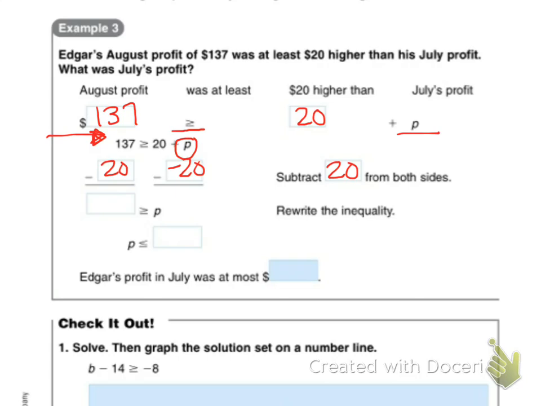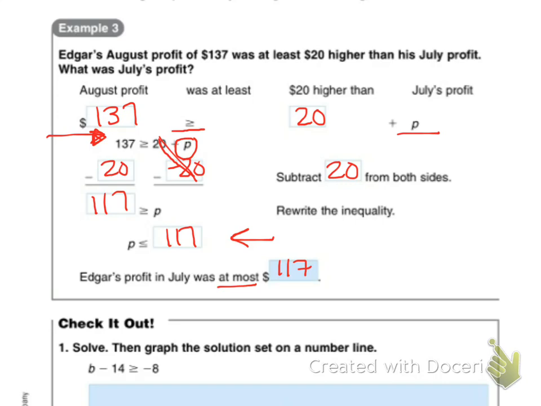And when I do that, I have $137 minus 20 is $117, and 20 minus 20 cancels out, and you're just left with P. So 117 is greater than or equal to P. And we can rewrite this on this line right here. They show us we can rewrite this as P is less than or equal to 117. So Edgar's profit in July was at most $117.